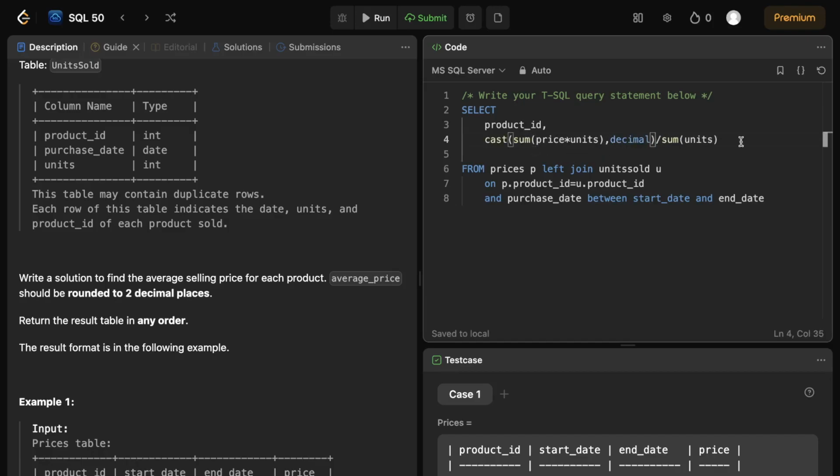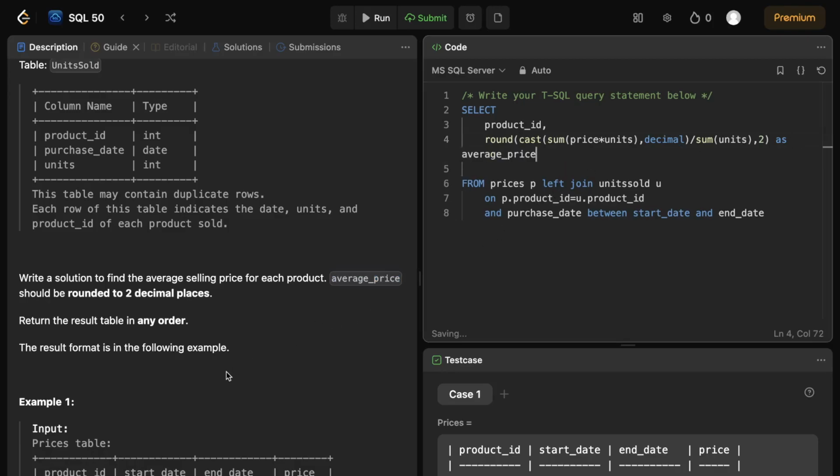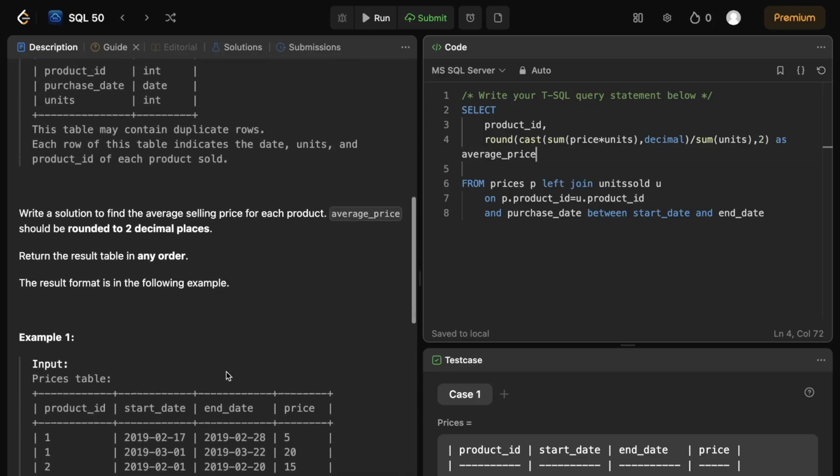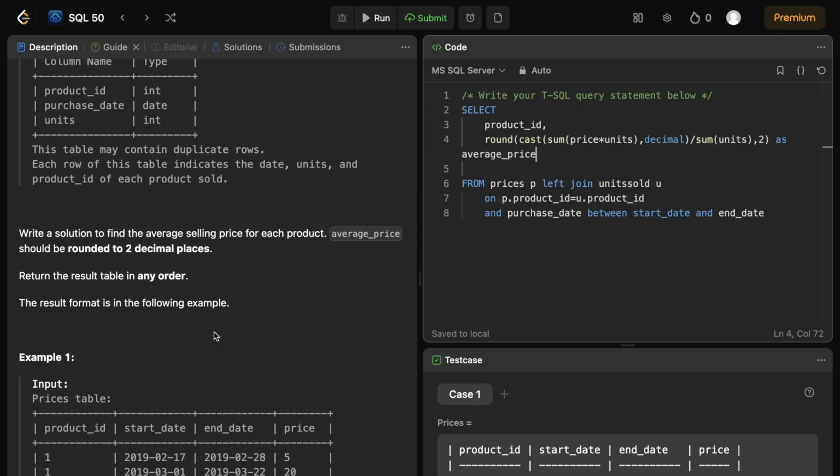Okay, and my final result should be rounded up to 2 decimal places, and I have to output it as average selling price. Okay, and I can return the result table in any order.